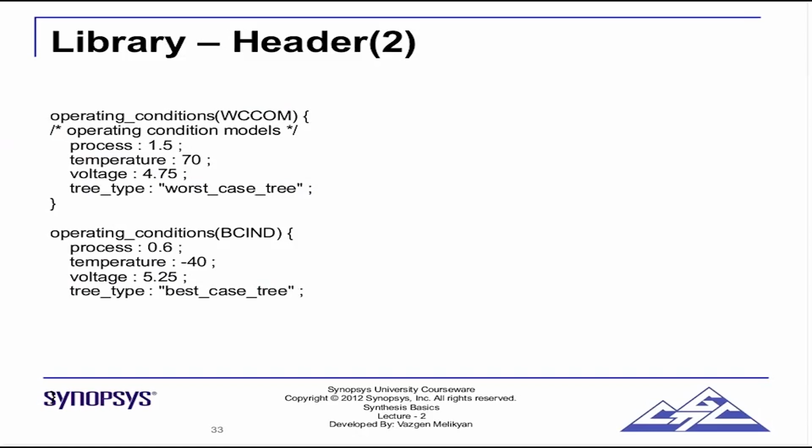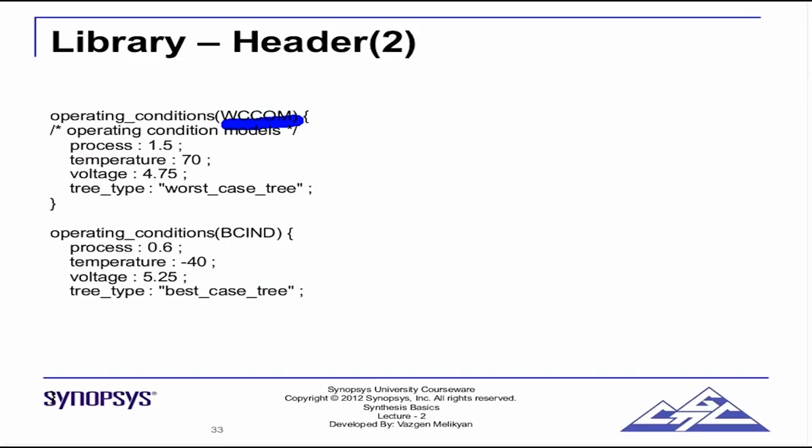We say that, okay, we define one worst case condition, WCCOM. The process is now 1.5, temperature is increased, it is 70, voltage is decreased. So the worst case corner, as we said, voltage is decreasing, temperature is increasing.